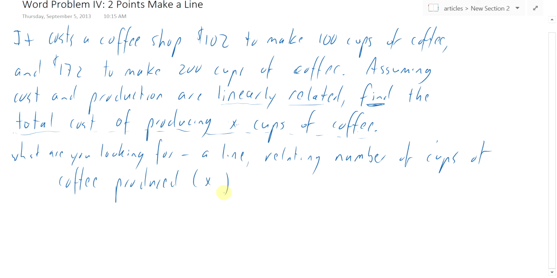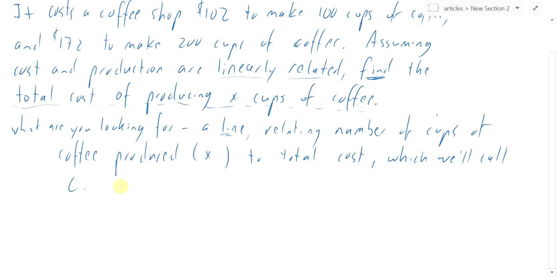It's X, to total cost, which we'll call C. You could call it Y. Y is also a traditional letter for this. And we're looking for a line. So ideally our answer should be in the form of C equals MX plus B.